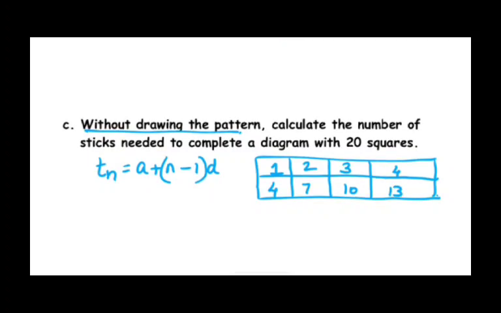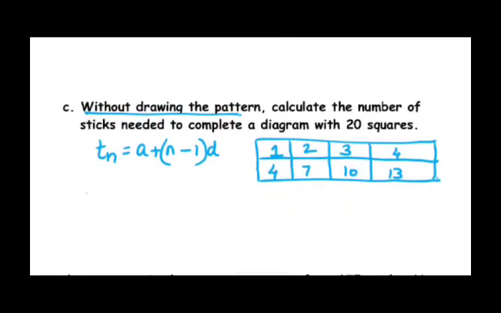So now, as stated, A will be my first term, which is 4. N, I need a diagram with 20 squares. That means it's going to be my 20th position.